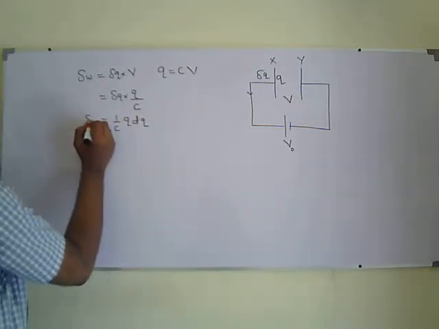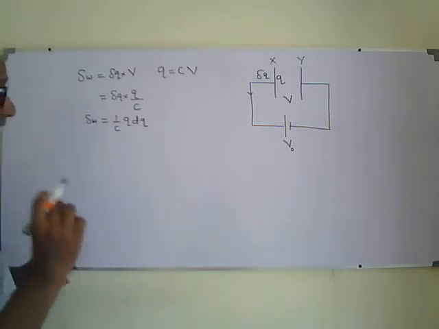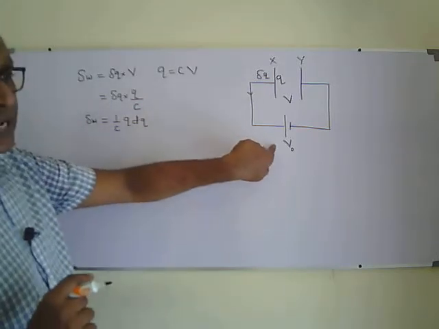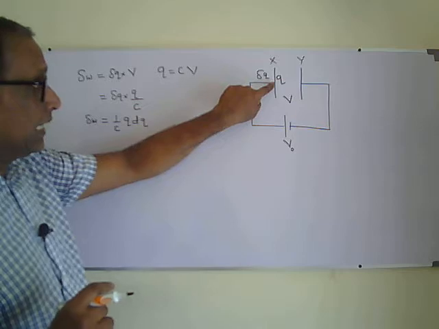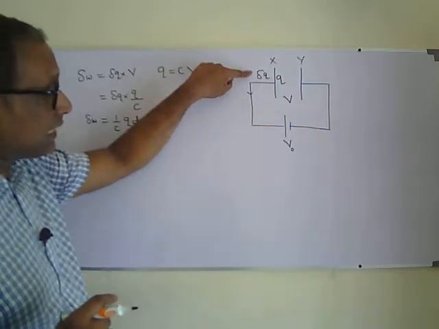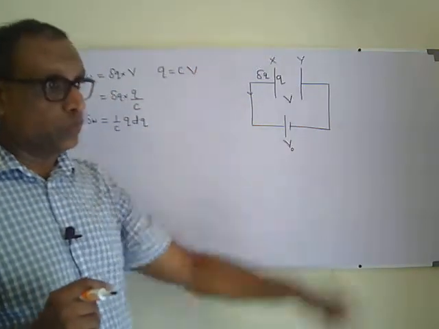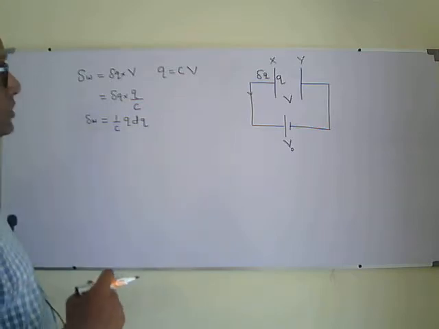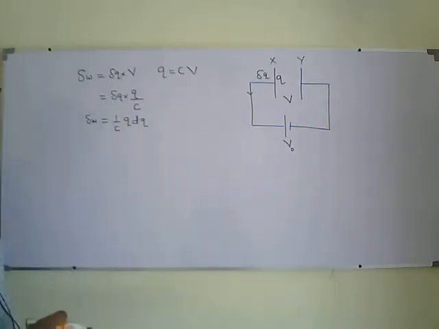This is the amount of work done at that instant when the DC power supply is transferring a charge delta Q from plate X to plate Y. Okay, so it's continuing the charging process.